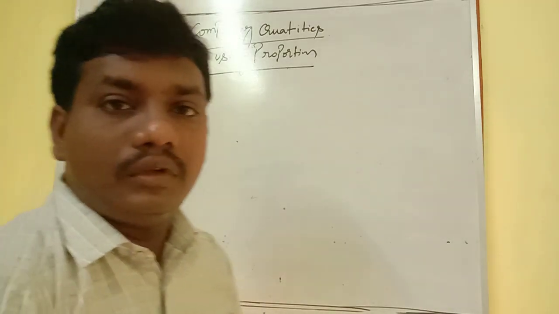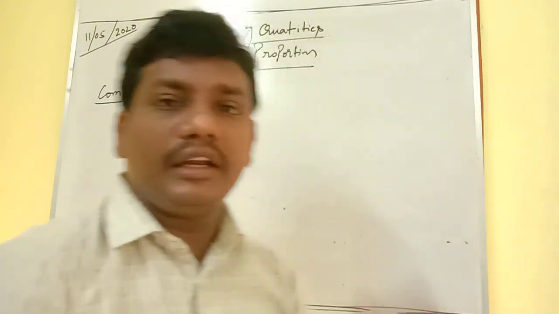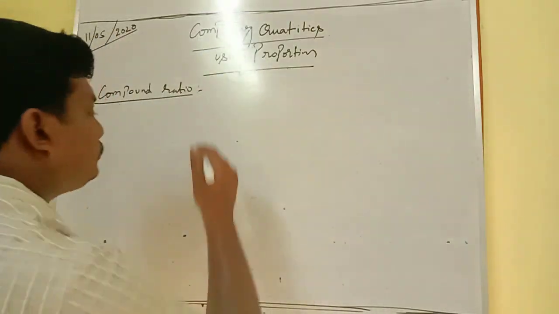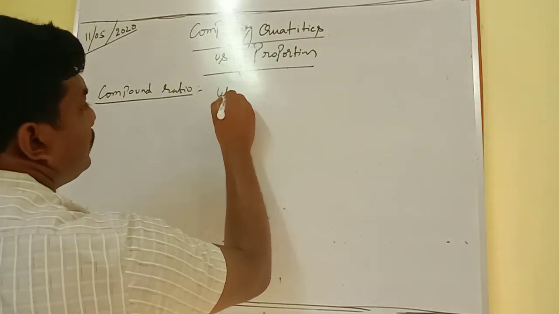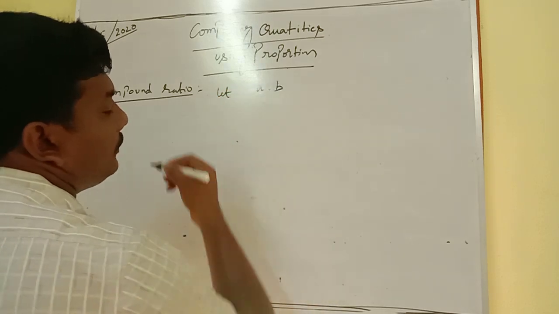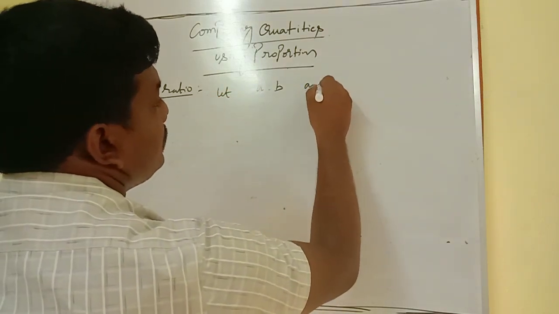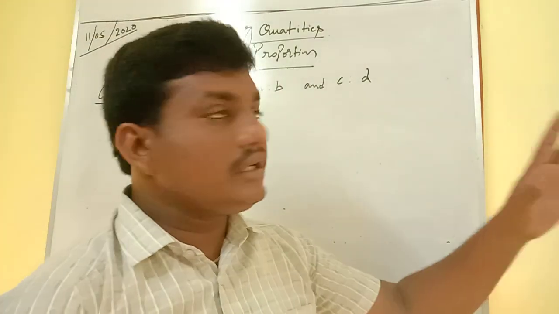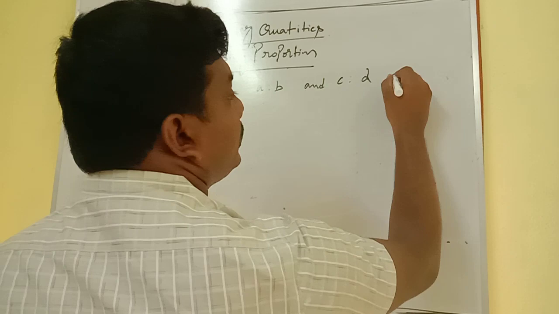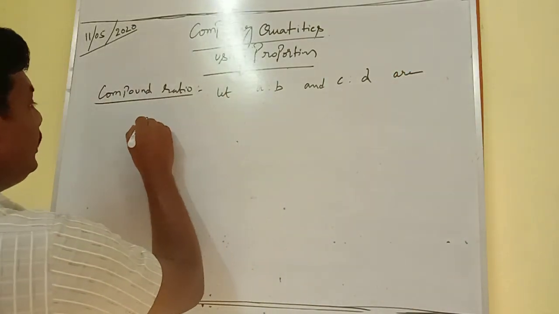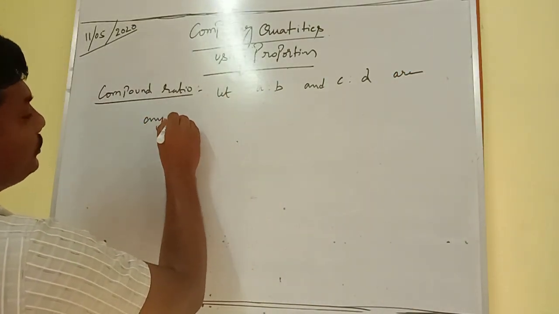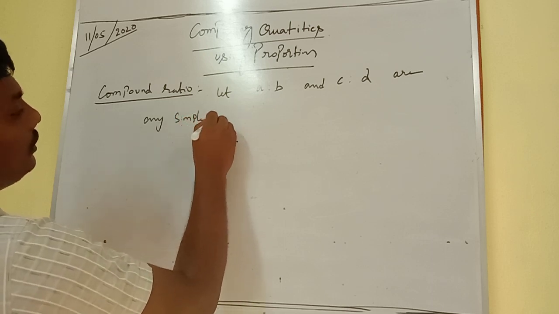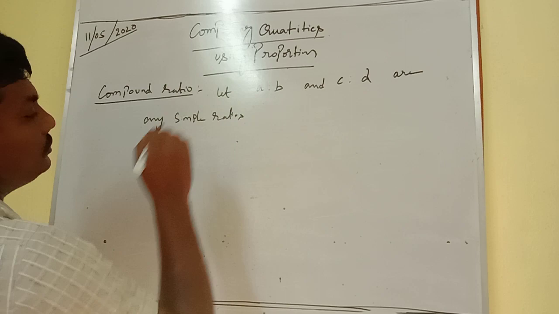So, compound ratio. When you consider any two simple ratios, let A is to B and C is to D be any two simple ratios.